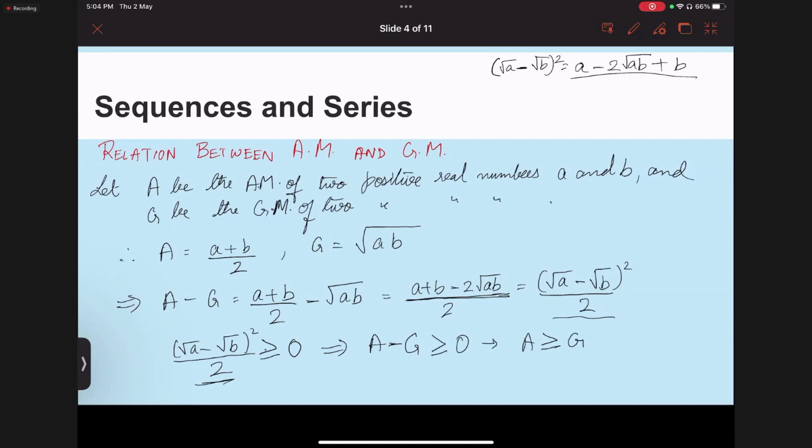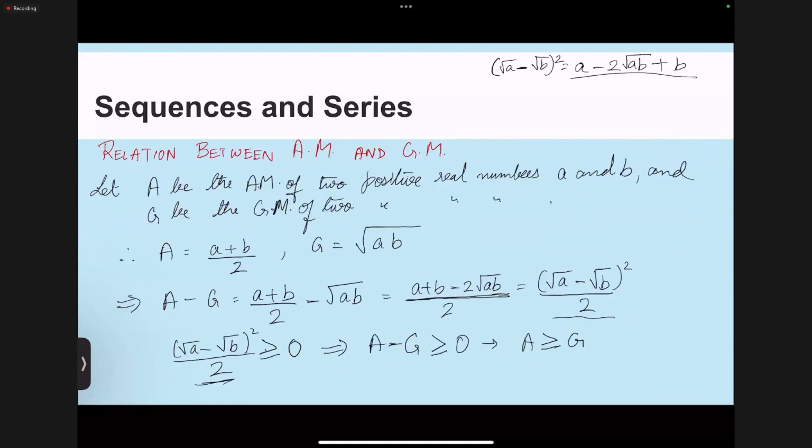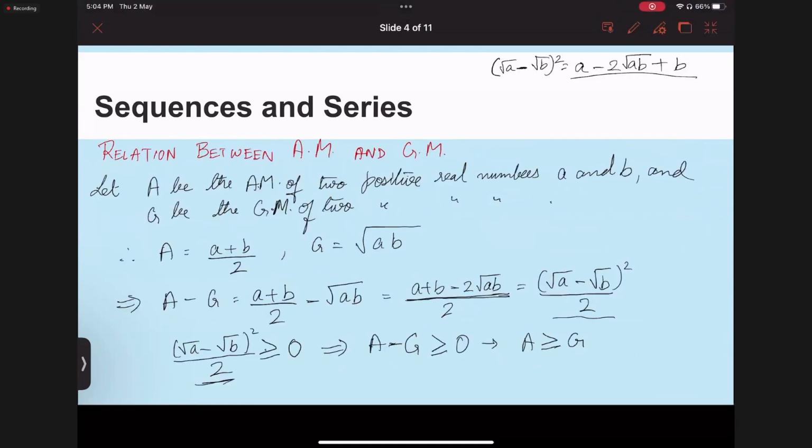So even in the previous examples that we saw over here, your AM is greater than your GM, and similarly the GM is less than your AM that we had found. So hence we can see that this relation actually holds true.